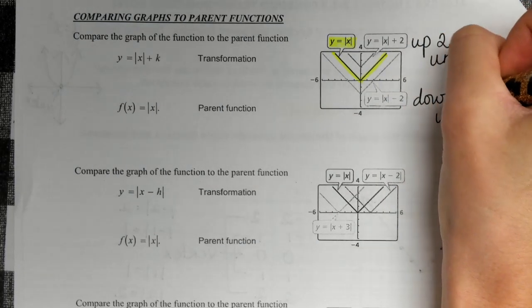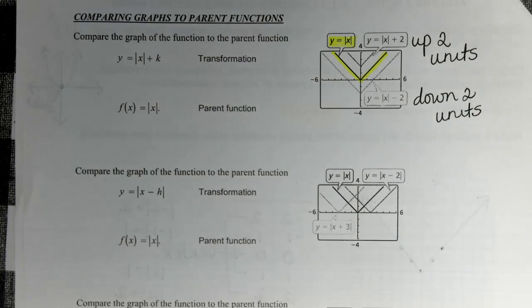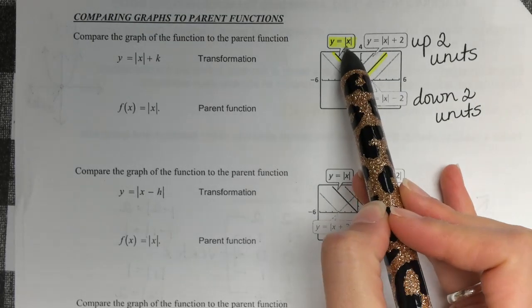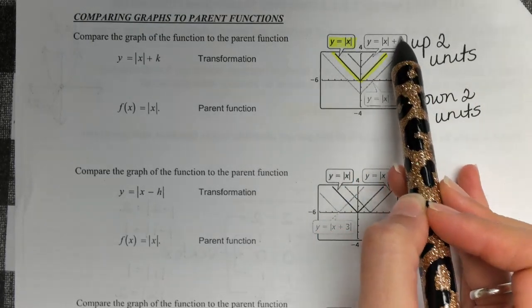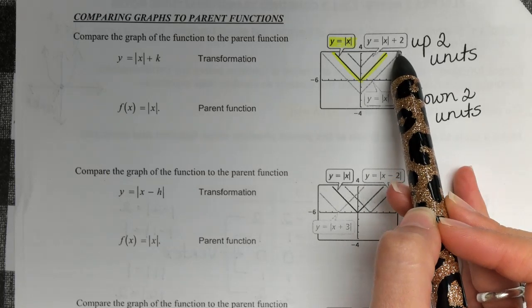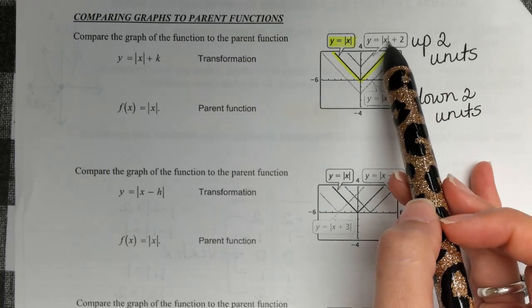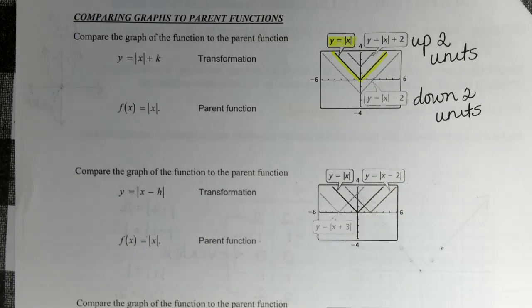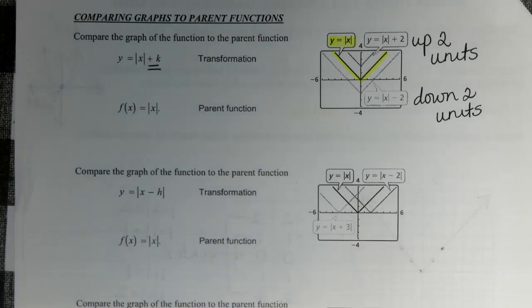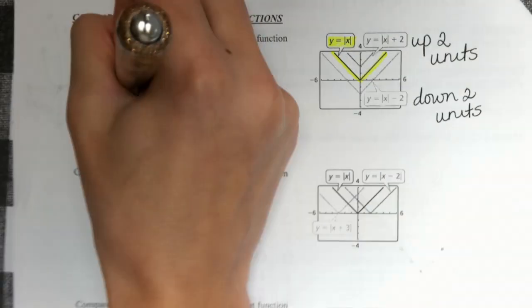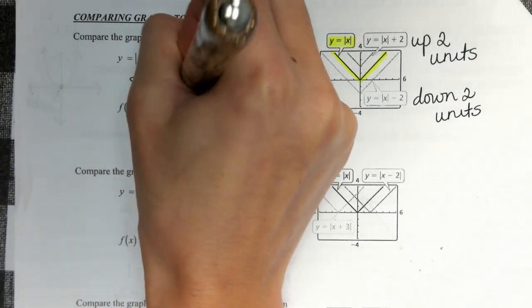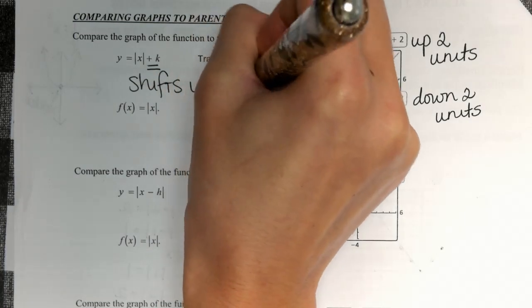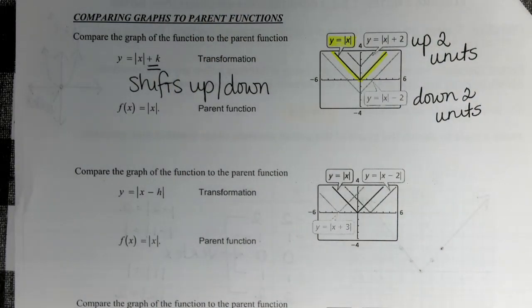So what do you think is causing that direction, up and down? What is different from my parent function equation to this one right here that made it go up 2? The 2. Okay, here it was a plus 2 and I went up. Here it was a minus 2 and I went down. Okay, so if you have a plus k tacked on, any number tacked on behind those absolute value bars, that's going to shift it up or down because that's affecting the y of your vertex.